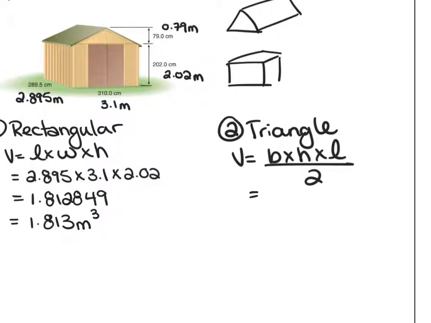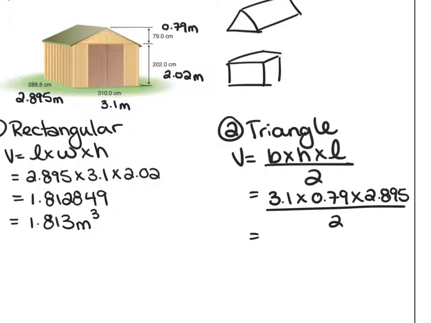So our base is the same as that front piece, which was 3.1. So we'll do 3.1 times our height of the triangle, which is 0.79, times the length of it. And if you notice from our diagram, it is 2.895. And then after we multiply it, we'll divide it all by 2.